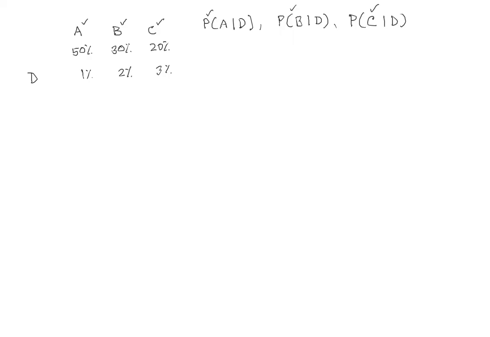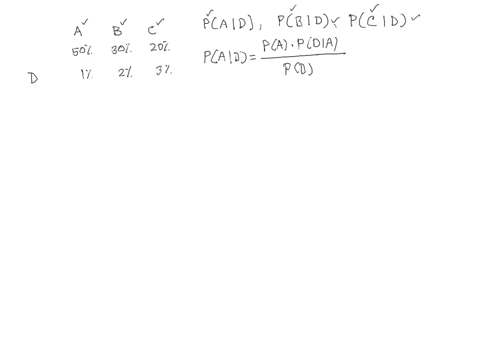Now let's do one of them. The probability of A making the product, given it is defective, is the probability of A times the probability of defective given A, divided by the probability of defective. And similarly, you can do it for B and C. So let's just do one.